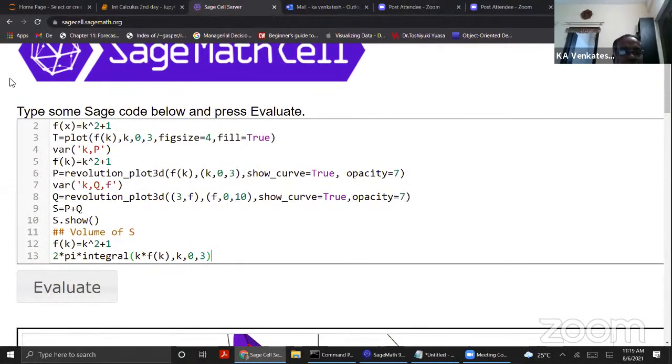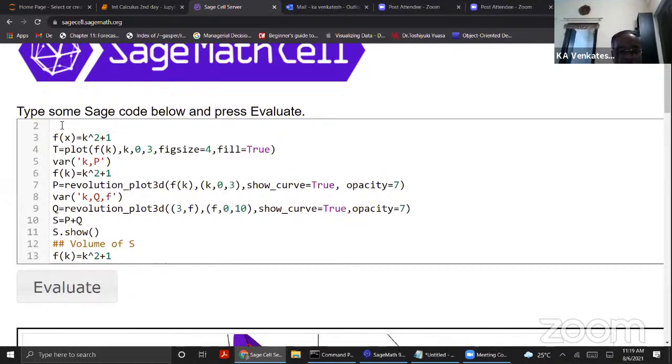Before that, I have to define this as variable k.